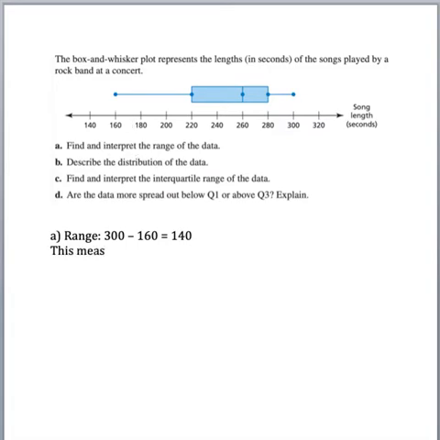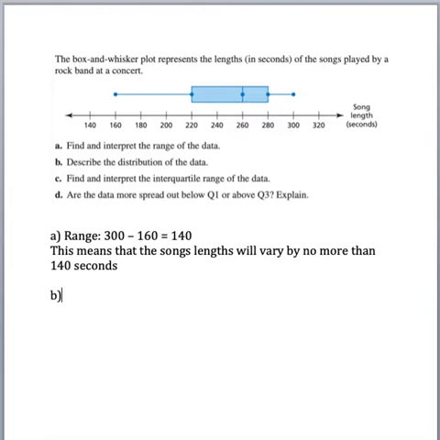Well, this means that the song lengths will vary by no more than 140 seconds. That's the largest gap between the largest data point and the smallest.